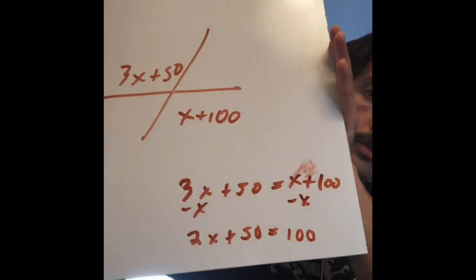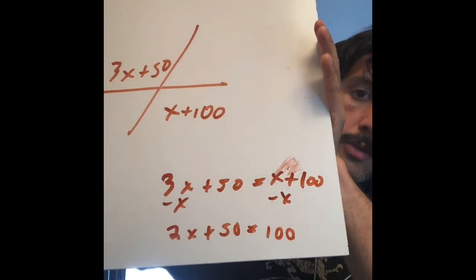3x plus 50, x plus 100. I've got to move my x's to one side, so I'm going to subtract the 1x and subtract the 1x. And I end up with 2x plus 50 equals 100. Move the 50 over.